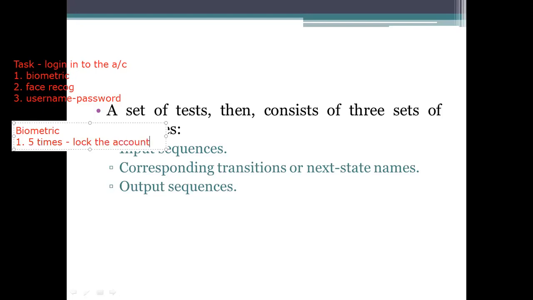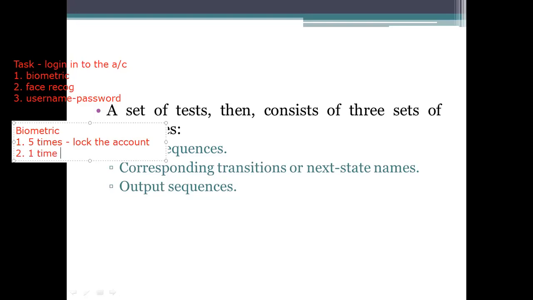If you provide the correct one at the first time, it allows you to access. If you didn't succeed the first time, it will allow you to try another time.